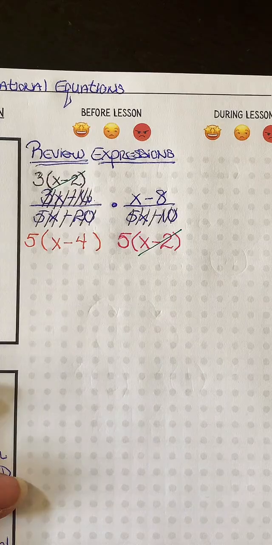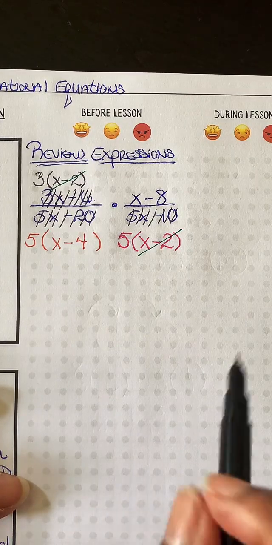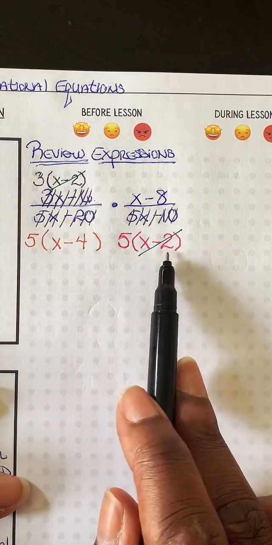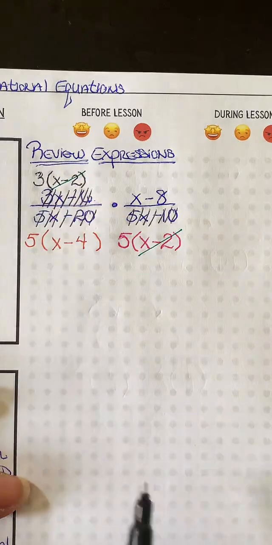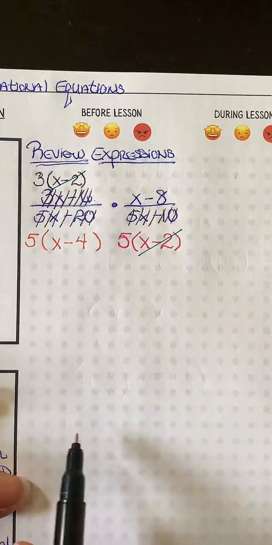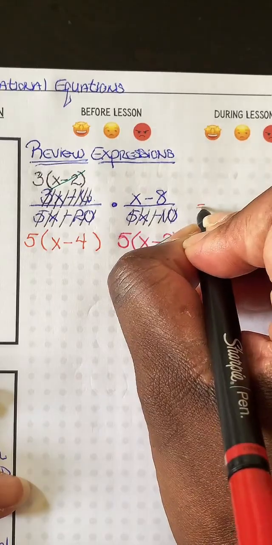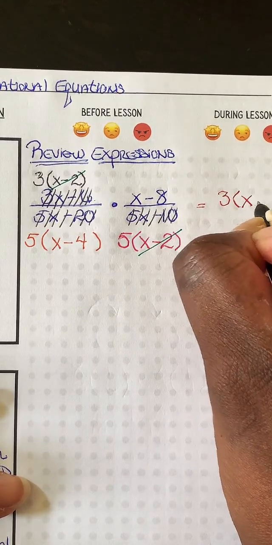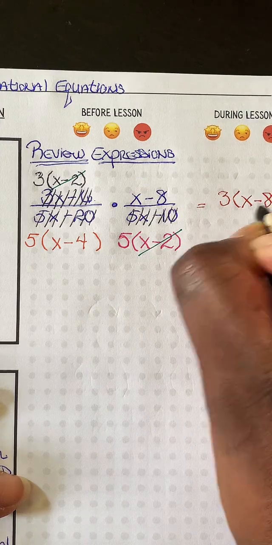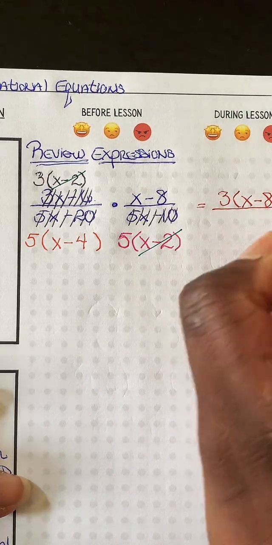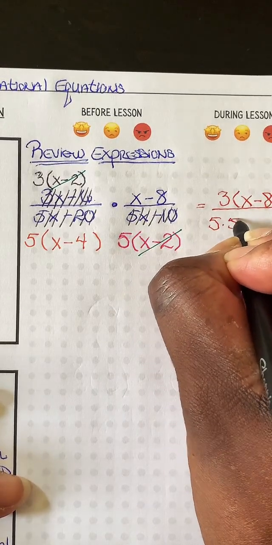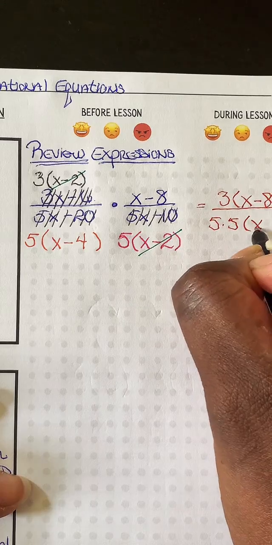This is not just because they're even numbers, but because they're the same expression. So now what's left is 3 times x minus 8 over 5 times 5 times x minus 4.